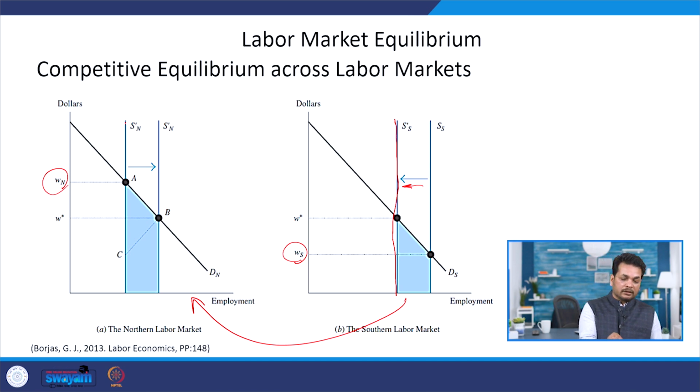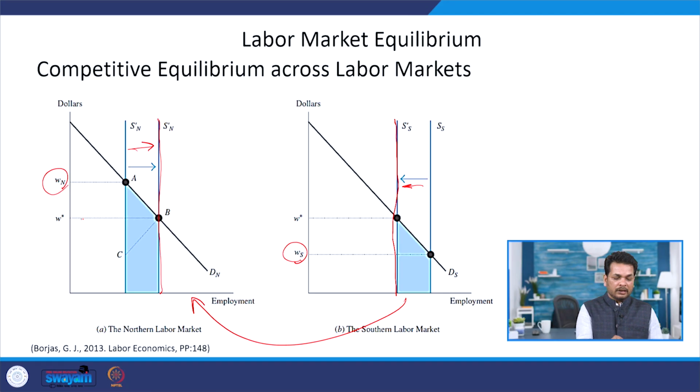Now, as a result, the labor supply in the northern market will shift to Sn dash. So, the wages across the two labor markets get equalized, and the movement will happen until one wage rate prevails in both these markets. So, the convergence of the wages in these two markets would happen over a period of time and will settle down to a single wage rate in the economy.